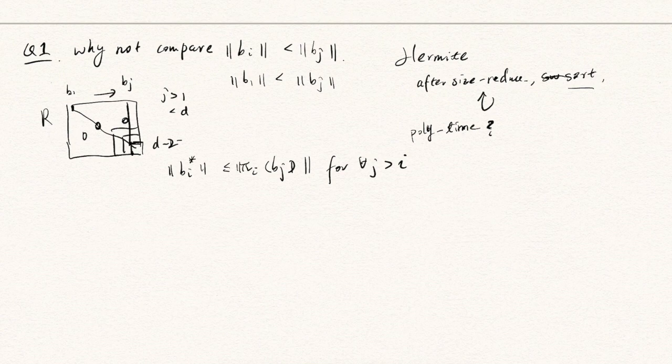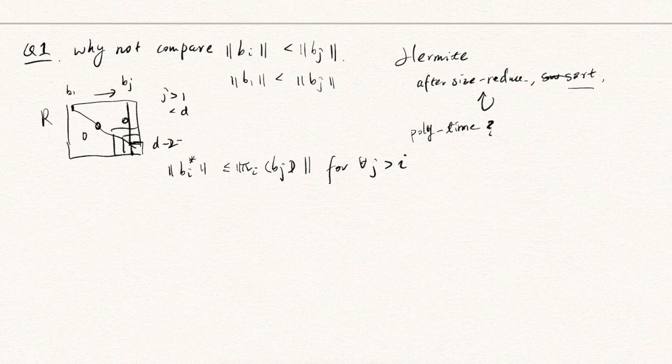We don't need to go into detail, but Hermite proposed several variants and couldn't prove any of them to be polynomial time bounded. So the Lovász condition, in a sense, is the first one that can provably terminate in polynomial time. That's the answer to the first question.